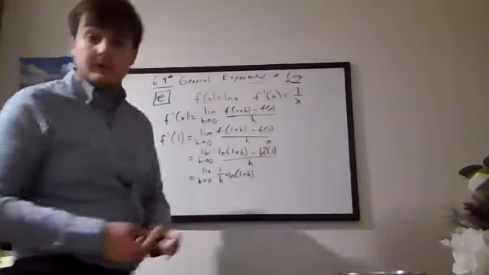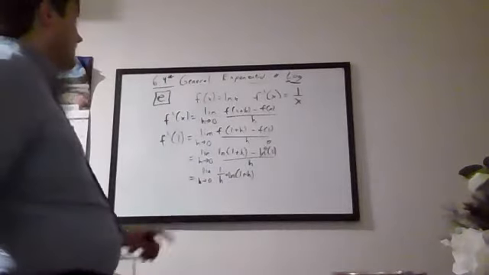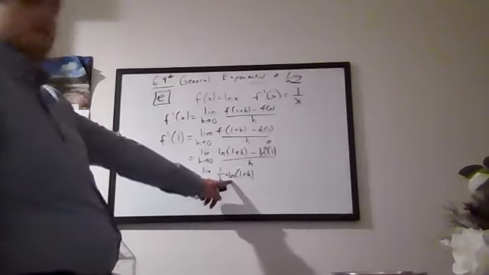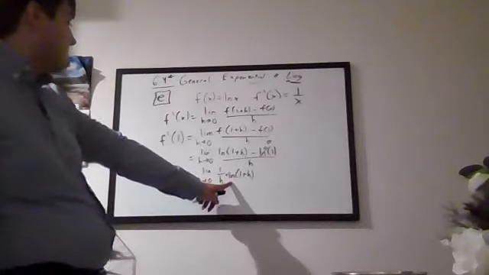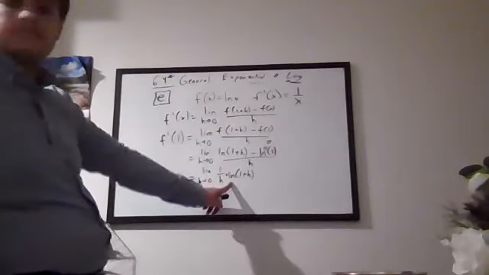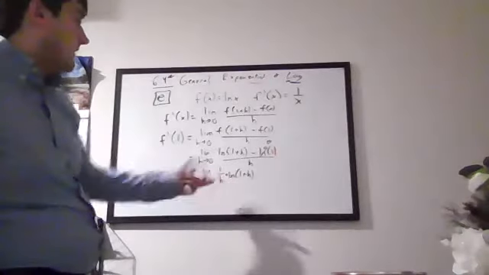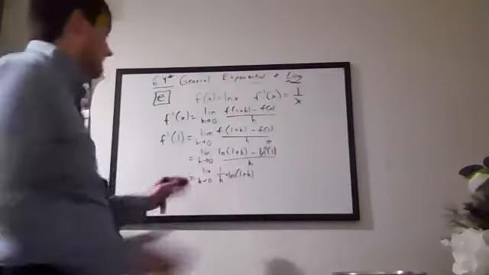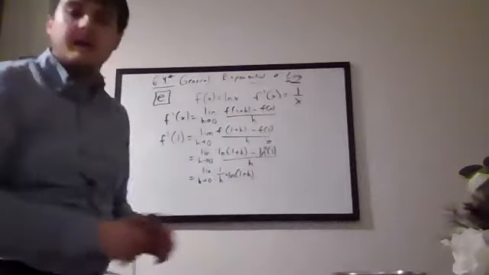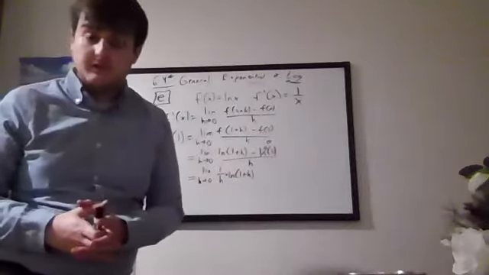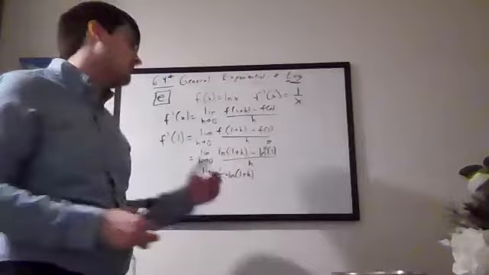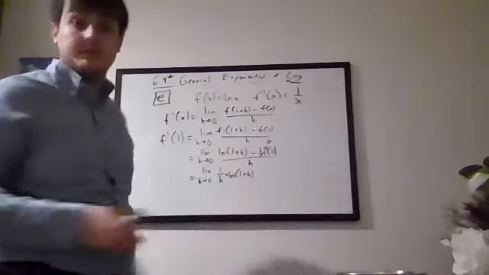Now my goal here is I want the natural log to be in the front, I want everything to be inside the natural log. I want the natural log of just something, not 1 over h times.